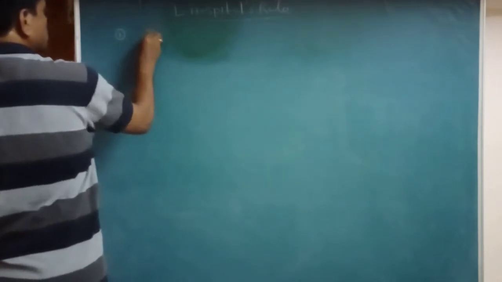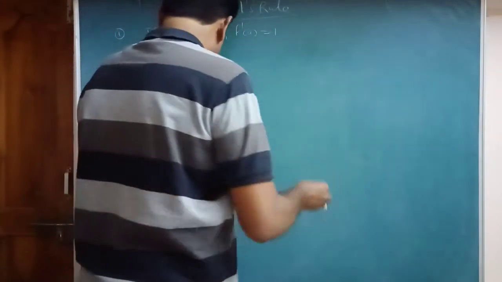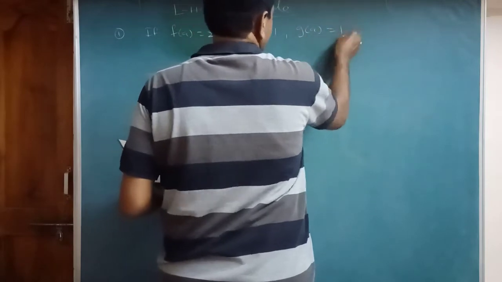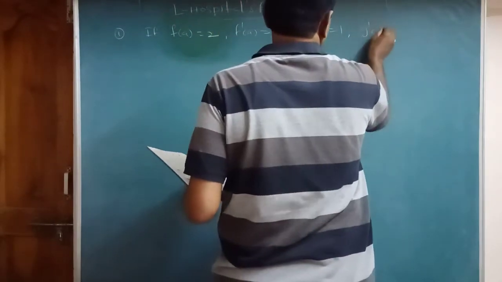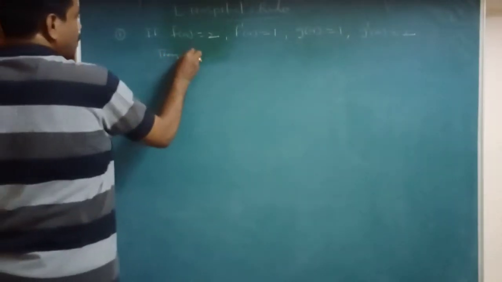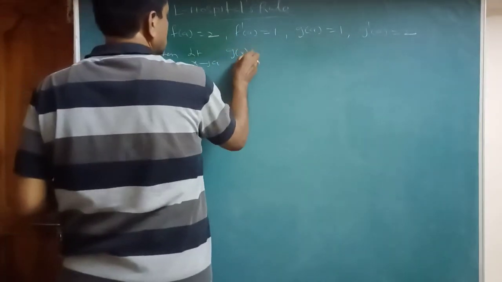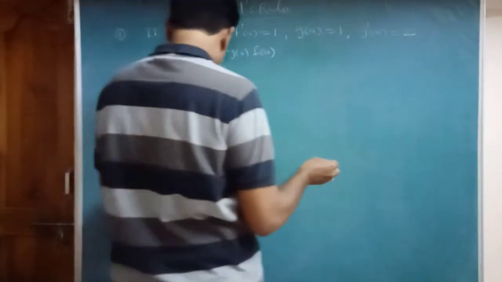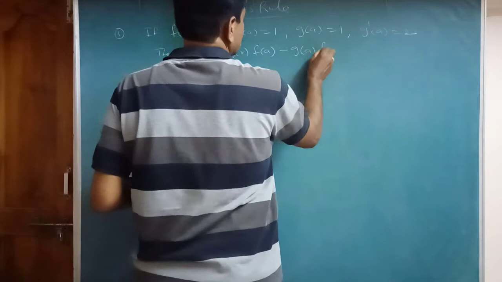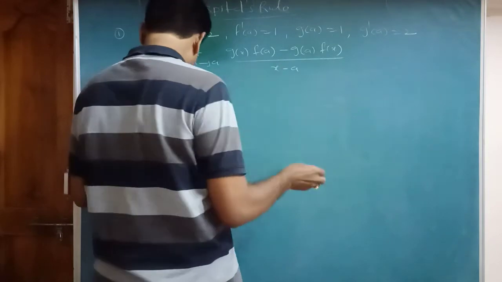First one. If f of a equal to 2, f dash a equal to 1, g of a equal to 1, g dash a equal to 2, then limit x tends to a of (g of x into f of a minus g of a into f of x) divided by (x minus a) equals?